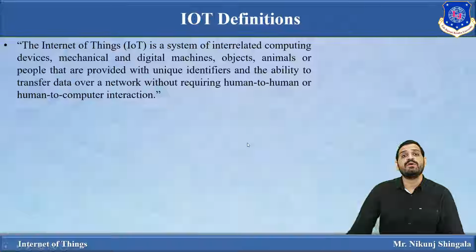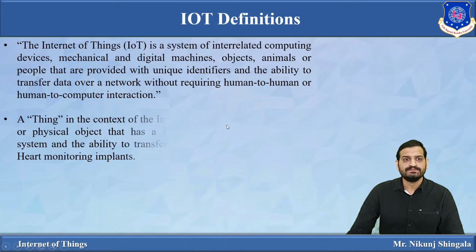So it is a system of interconnecting devices, may be objects, people, animals, anything, identified by a unique identifier, with the ability to collect and transfer data over the network.